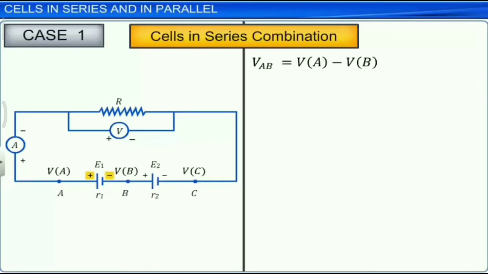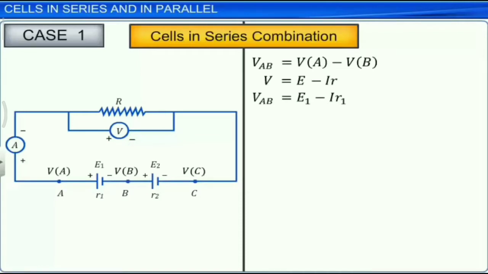We know that terminal voltage V is equal to E minus I into R. Based on that, VAB is equal to E1 minus IR1.